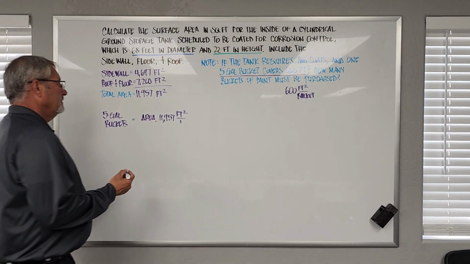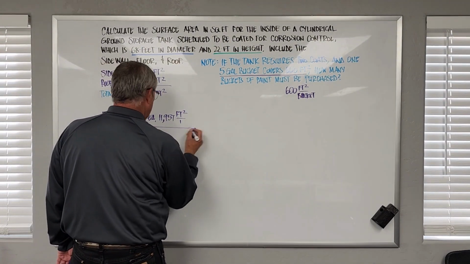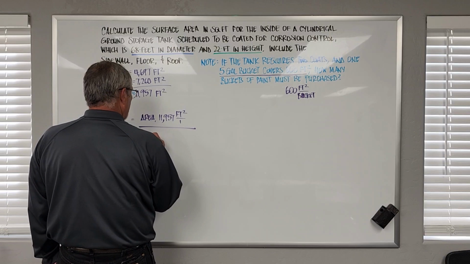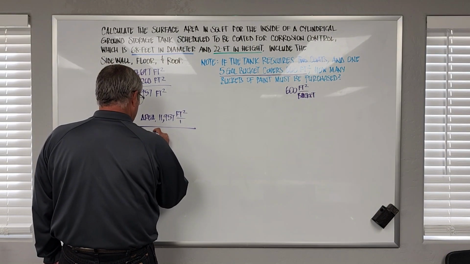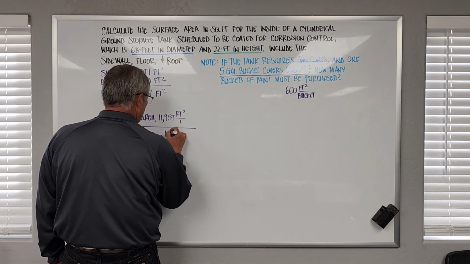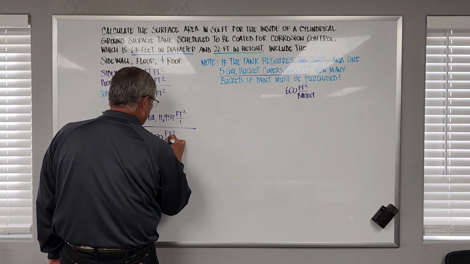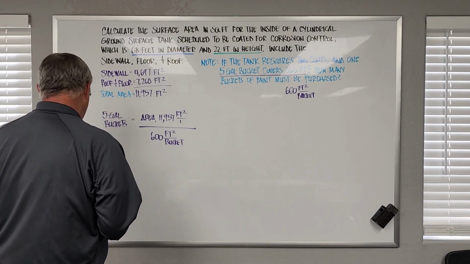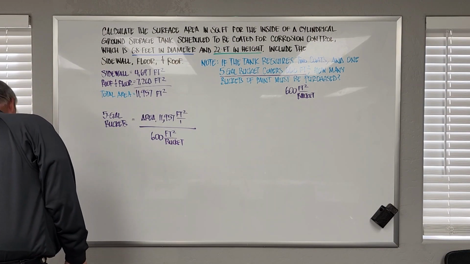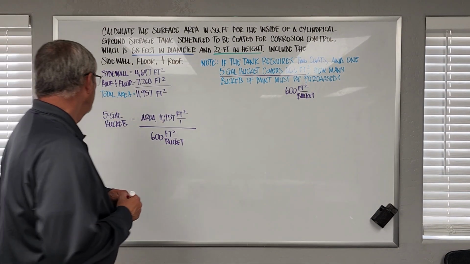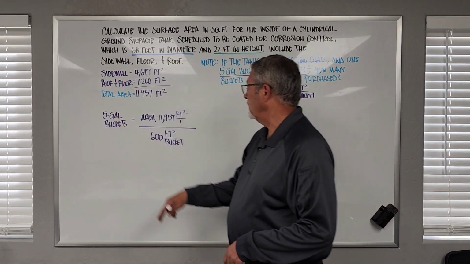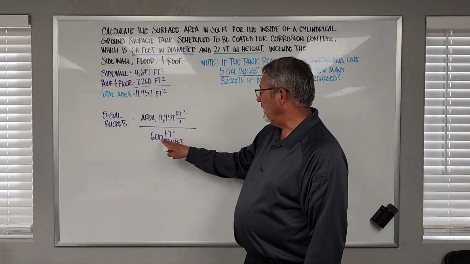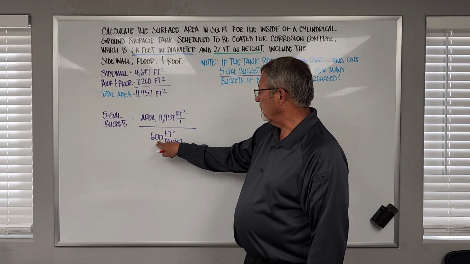Makes sense. All right, so I'm going to divide 600 square feet over bucket. So I'm looking for 5-gallon buckets. We know that one 5-gallon bucket covers 600 square feet.